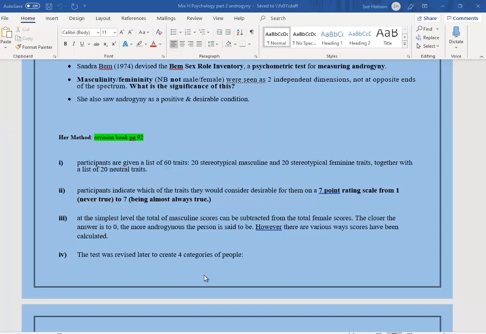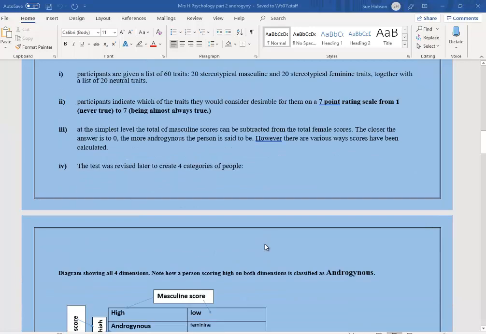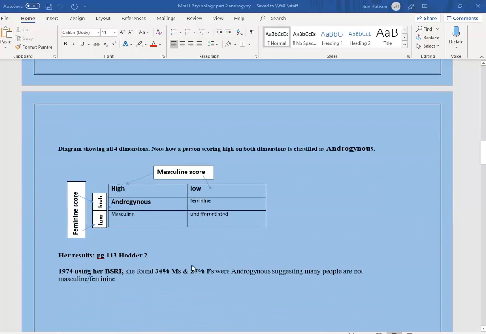Her test was later revised to create 4 categories, and here are the categories. If you had a high masculine and a high feminine score, you were androgynous. A low masculine and a high feminine, you would be feminine.